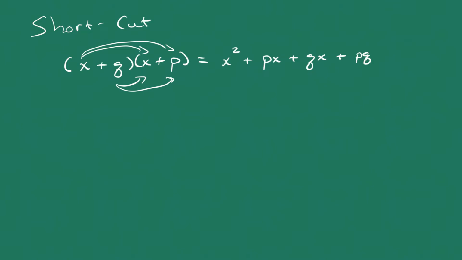Now if we combine our like terms with the x, what we see is that we have x squared plus p plus q times x plus pq.